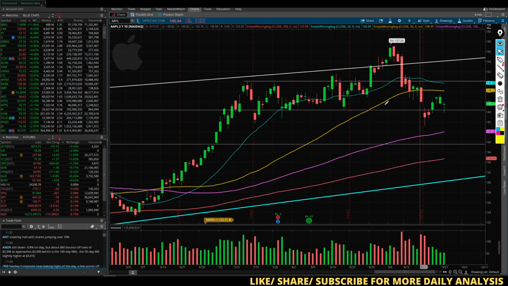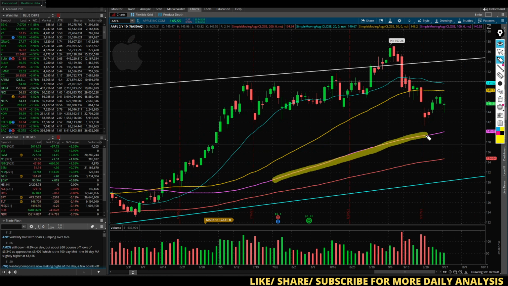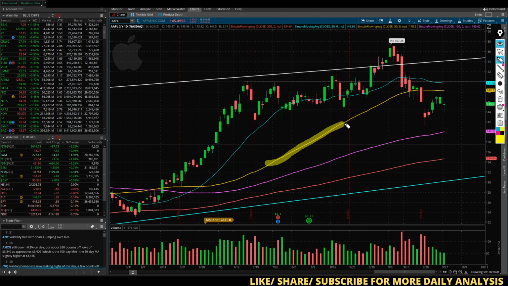If you pay attention to these moving averages, right here, the red line, you see the 200-day moving average uptrending, and the 100-day moving average, this purple line, is uptrending. But if you look at this 50-day moving average, this was an uptrend, right? But look at the past like 2 weeks or so.